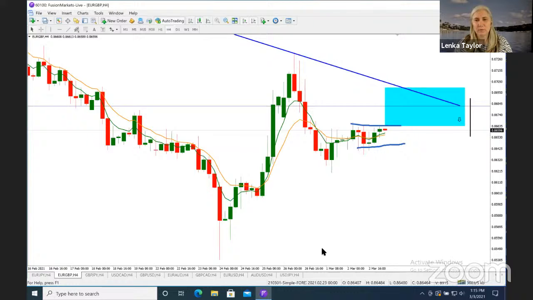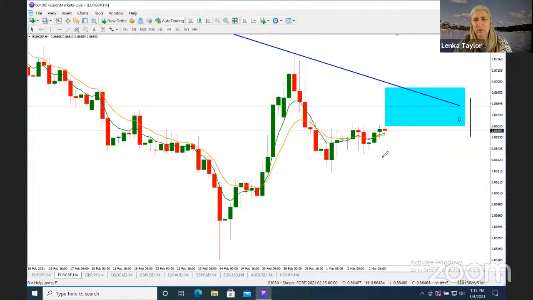So in terms of what that would look like, well, it could be like a really long high test bar, for example, or just something that indicates that it has been retested there.